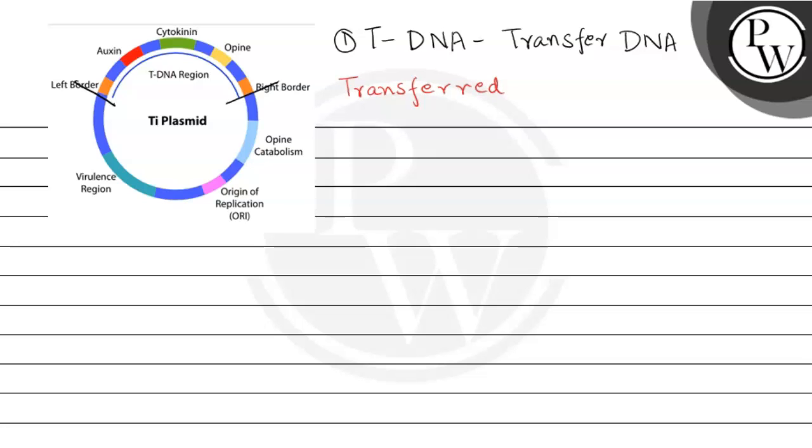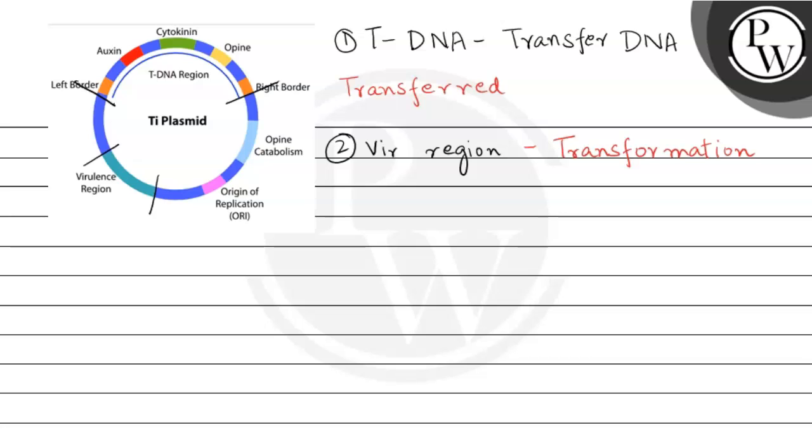And the second region which is present in the Ti plasmid is known as the Vir region or the virulence region. So the Vir region is responsible for the process of transformation. So when the agrobacterium infects the plant cells, this virulence region is responsible for the excision of the tDNA from the Ti plasmid, and then this tDNA is transferred into the host cell genome, that is the plant cell genome, where it gets incorporated into the plant cell and then causes the crown gall disease by formation of the tumor.